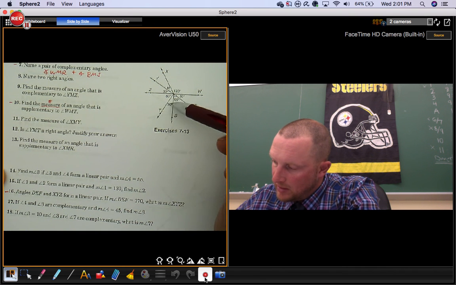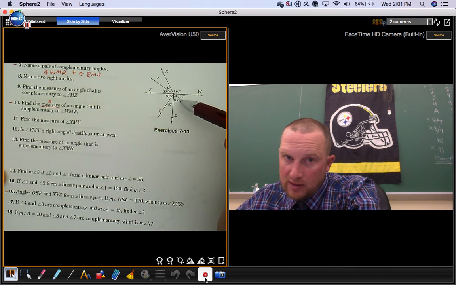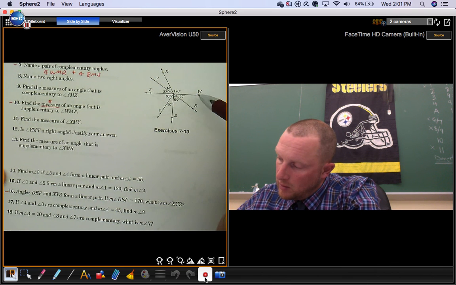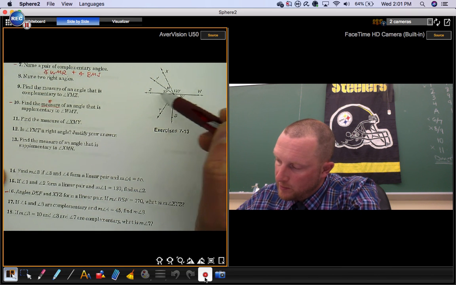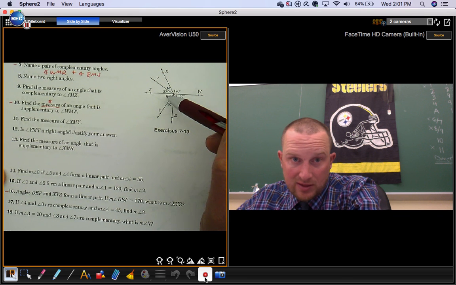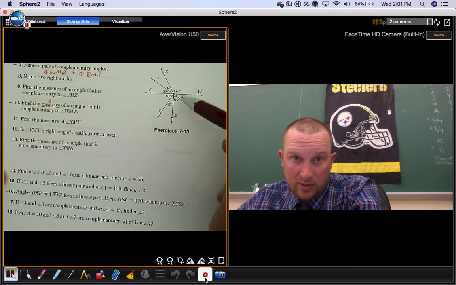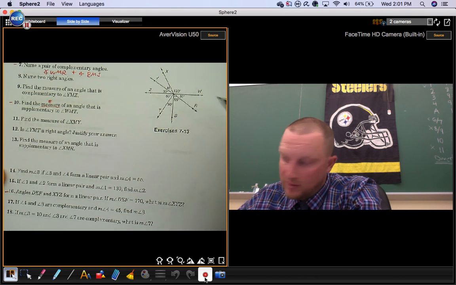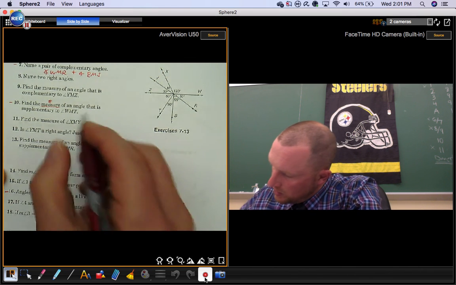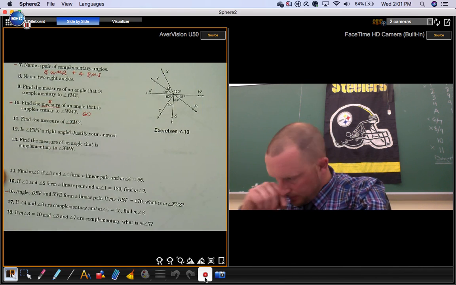I know these 3 add up to 120. How did I know that fast? Well, I know this is a straight angle. And if this angle's 60, then these 3 little ones together better be 120, because 60 and 120 give you that 180. So its measure would be 60.